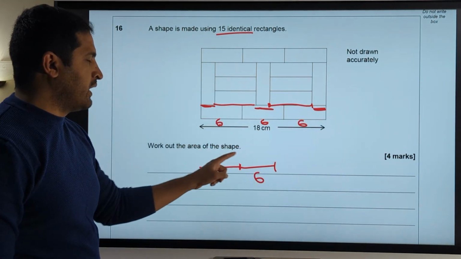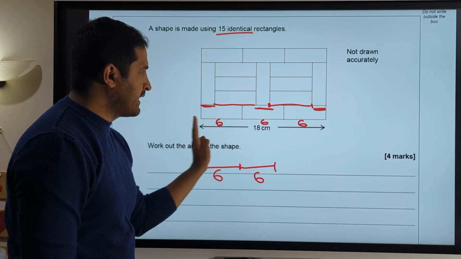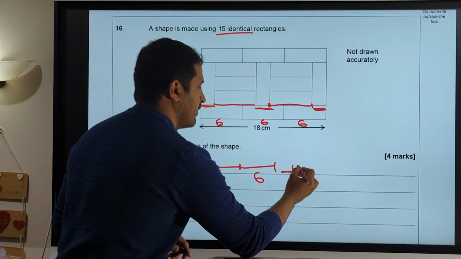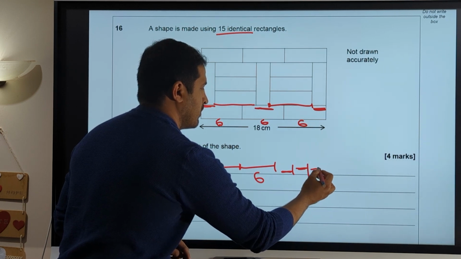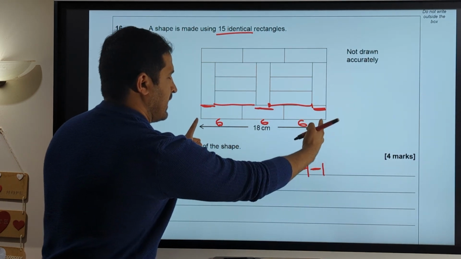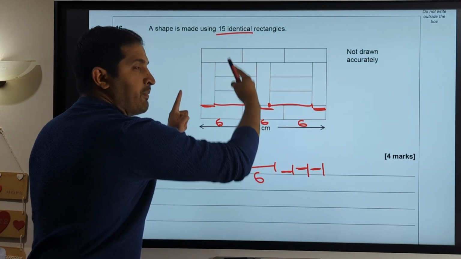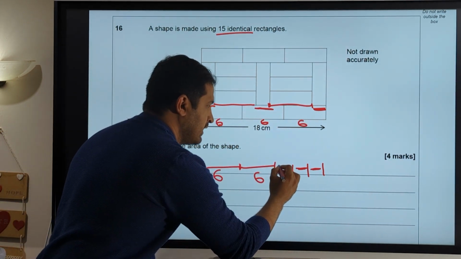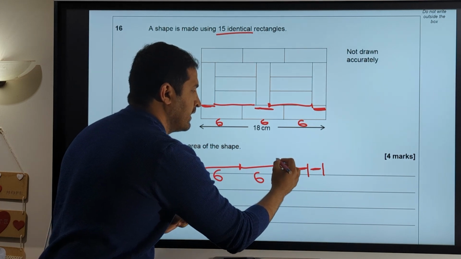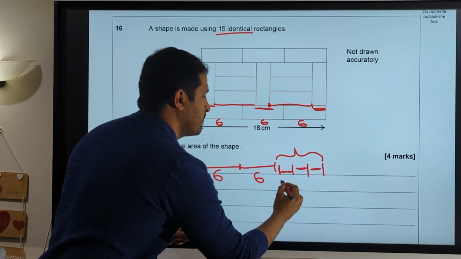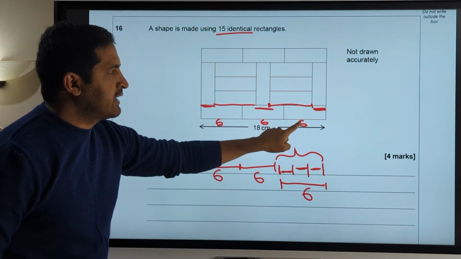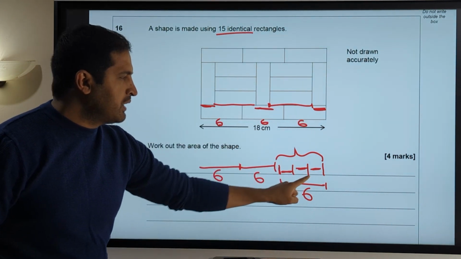So 3 of these widths make exactly the same length as the third 6 here, because it makes a rectangle of exactly the same length. So 3 of these make 6.